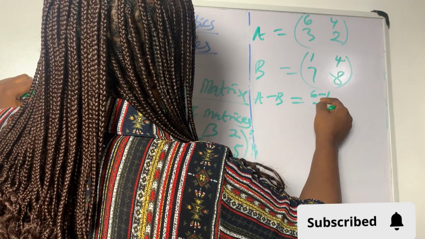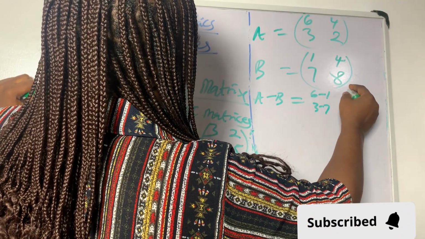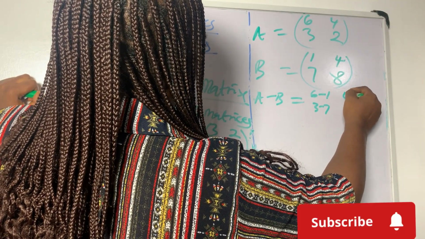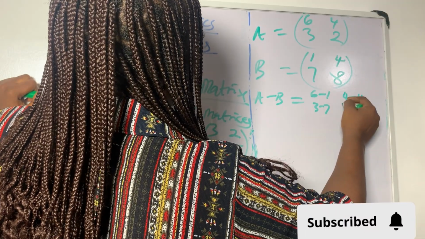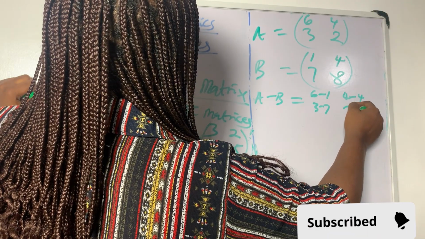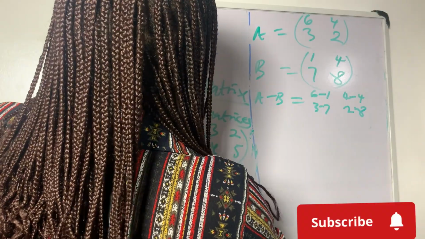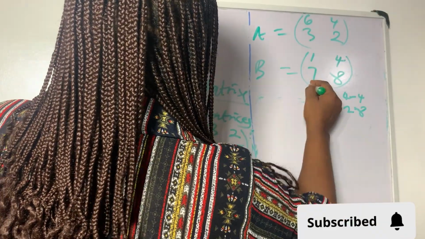Then you have 3 minus 7. The next one is 4 minus 4. The next one is 2 minus 8.